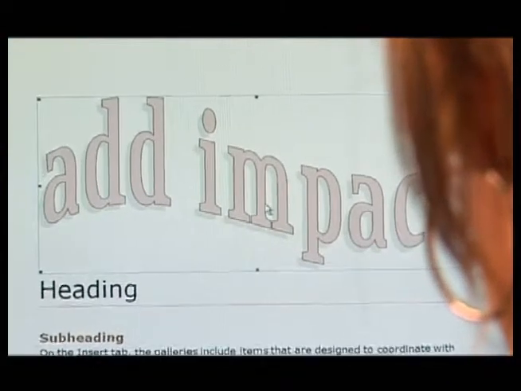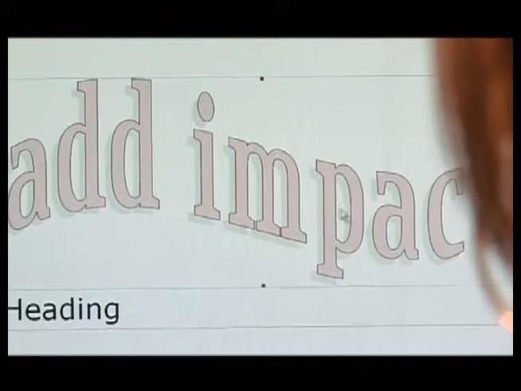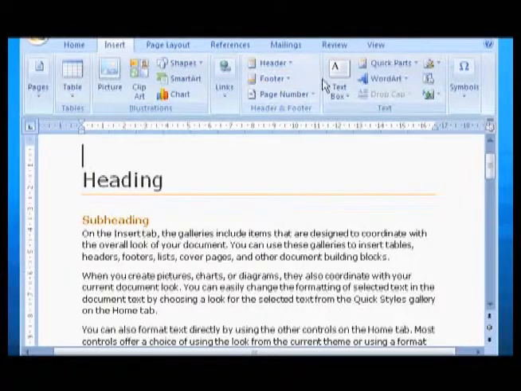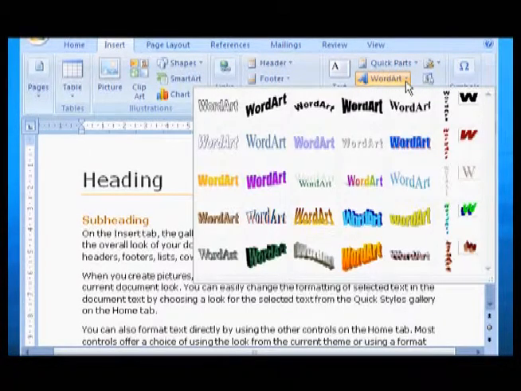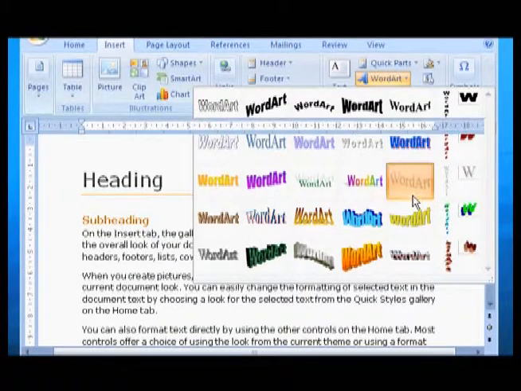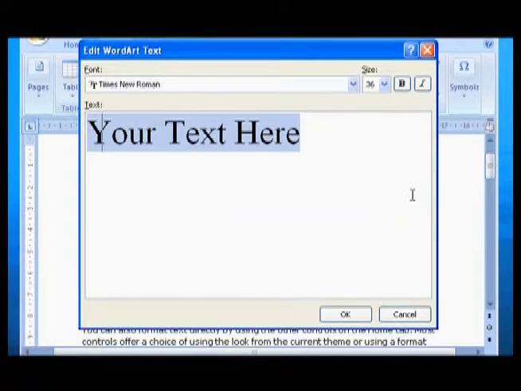Word Art can be a quick way to make graphical titles to add impact. Under the Insert tab, click on the Word Art button. This brings up a range of styles. Click on one to choose the colour and shape of your title. Then enter the text to be used in the Word Art.